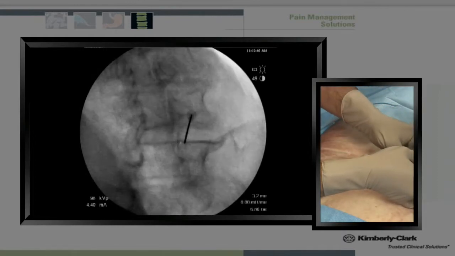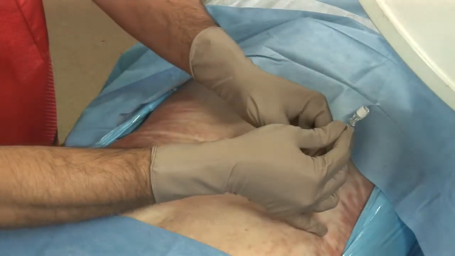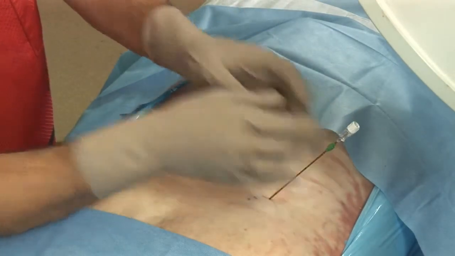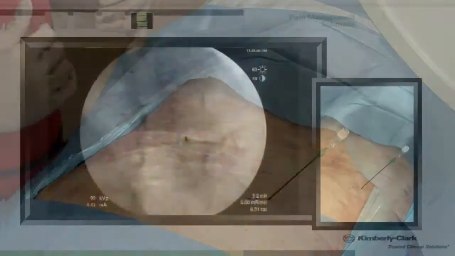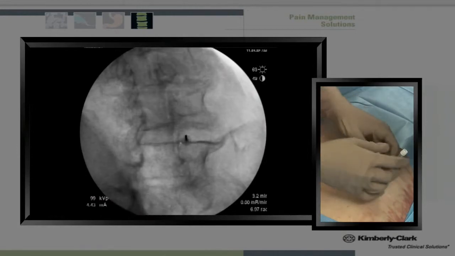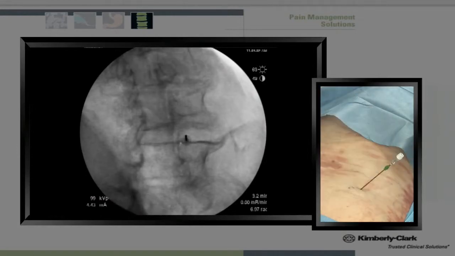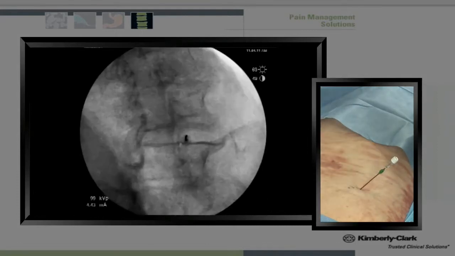Once I place my introducer needle, I'm working to obtain a coaxial approach so that I don't have to make too many changes as I get deeper into the space. Once that coaxial approach is obtained, I keep moving the needle forward until I enter the disc.